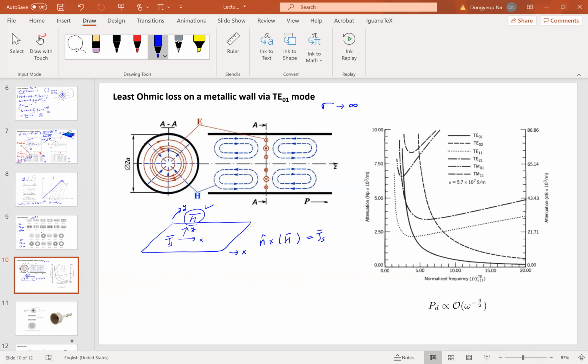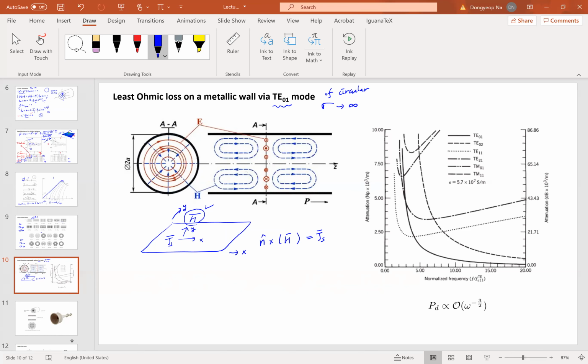So it turns out that the TE0 mode of the circular waveguide has the lowest amount of this transverse magnetic field. Okay, that's why this TE0 mode is widely used for high power microwave applications.